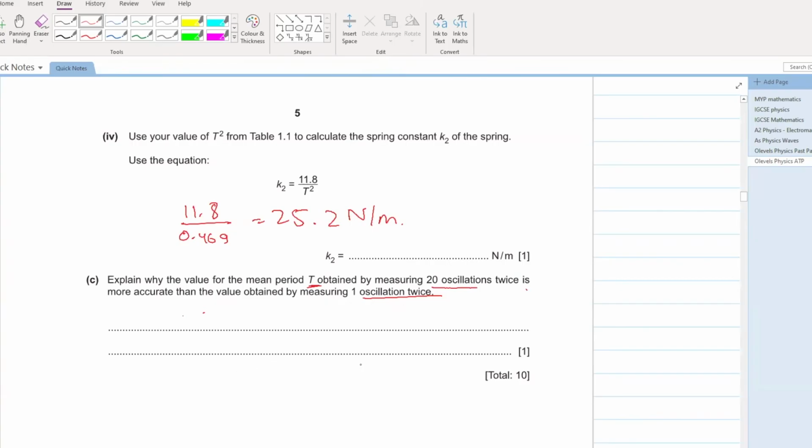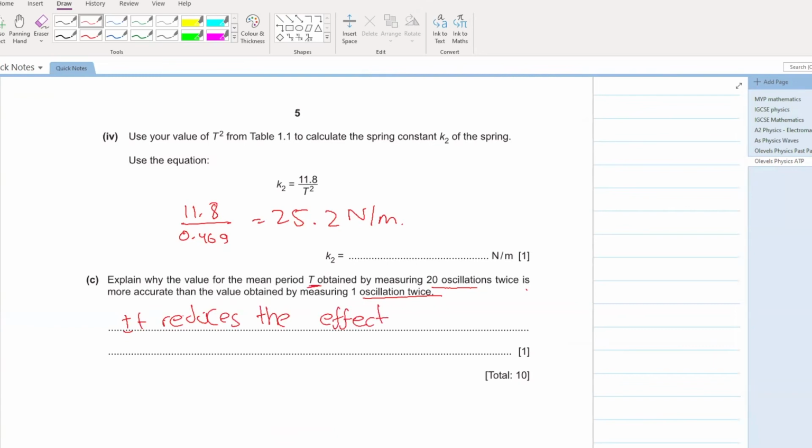Why is the time period from measuring 20 oscillations twice more accurate compared to measuring one oscillation twice? Because whenever you measure a larger number of oscillations, the error due to the reaction time decreases. It reduces the effect due to reaction time error.